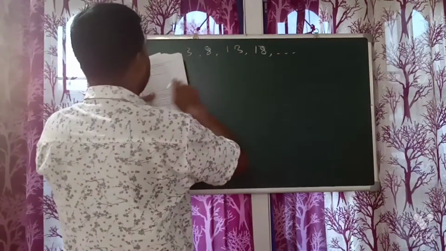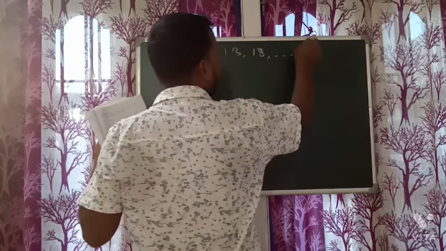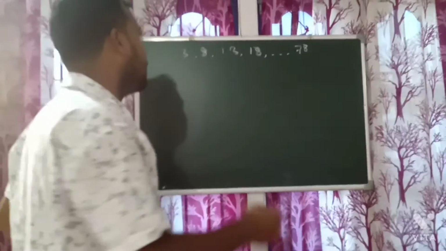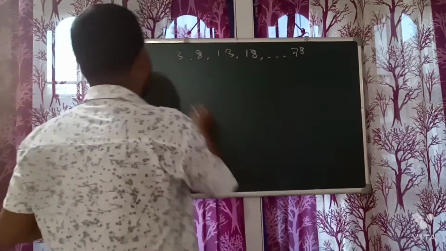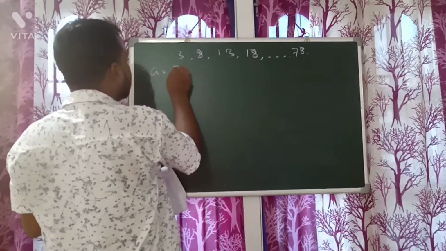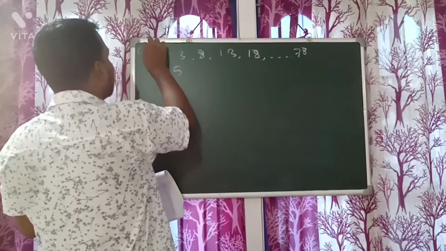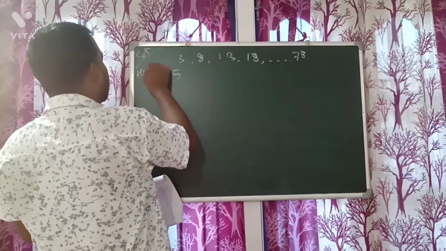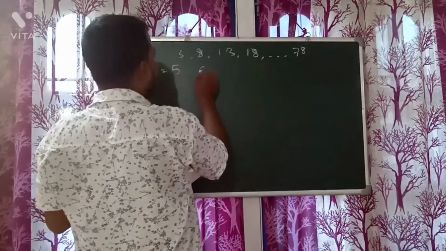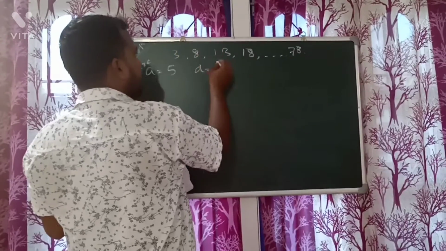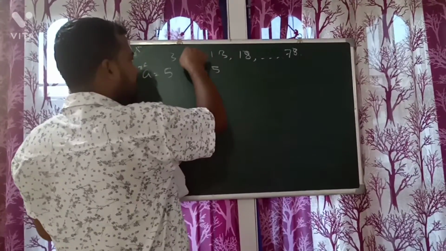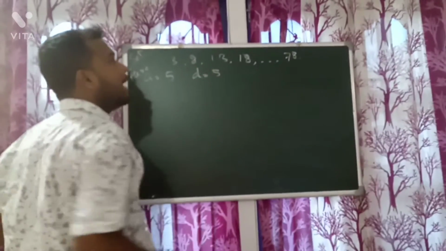They are asking which term is 78. First you have to write the solution. Here a is equal to 3, and d is equal to 8 minus 3, which is 5, or 13 minus 8, which is 5. Now we got a and d.